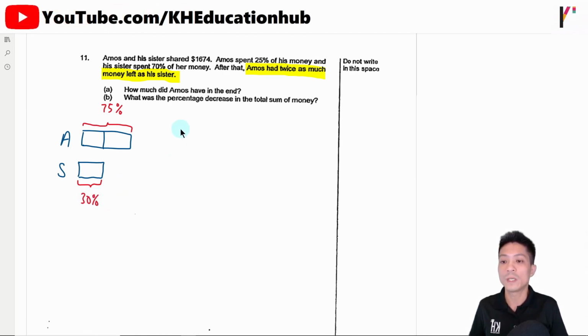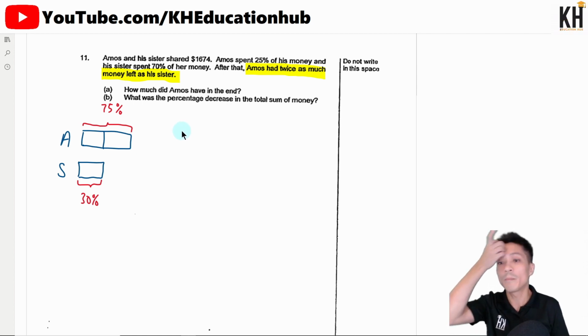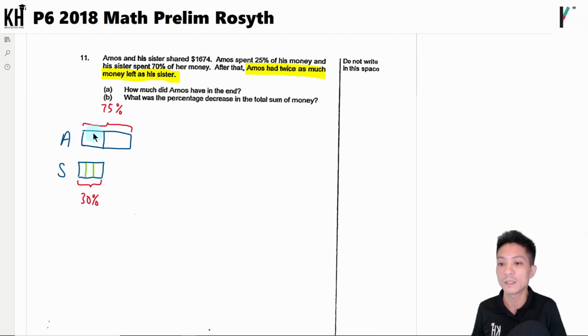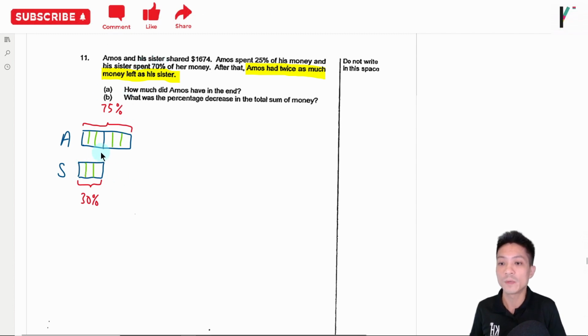Okay, so we can work backwards by letting 30% be 1 block and working it out. But it will be easier if I cut it up, maybe into 3 blocks like this. For the sister, it's going to work out in a very easy way because I just need to draw another 7 more, right?